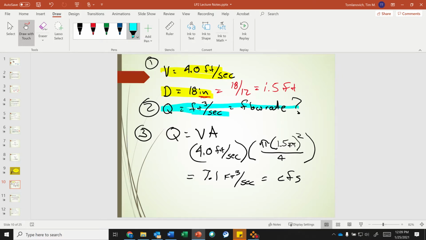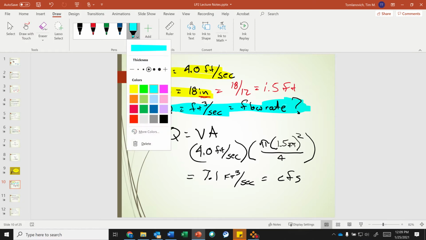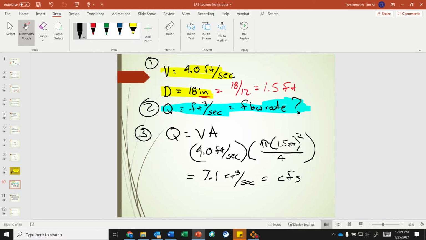Write down what the question is asking, and then solve it. And the key is consistent units. All right. So that was example 2.7 on page 30 of your textbook.